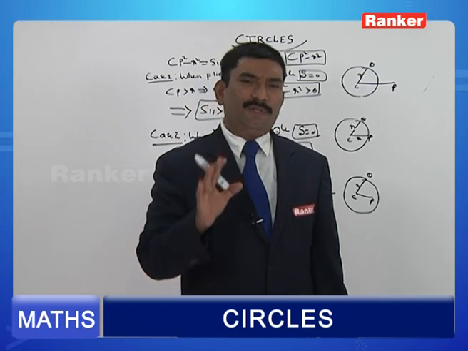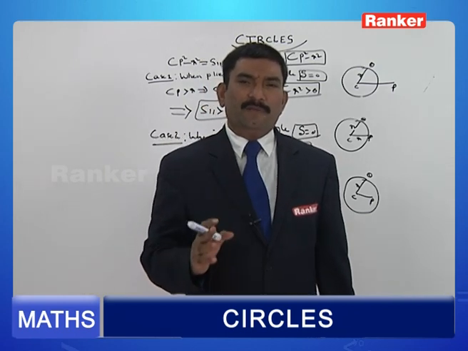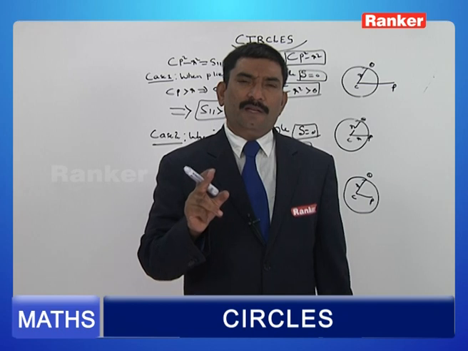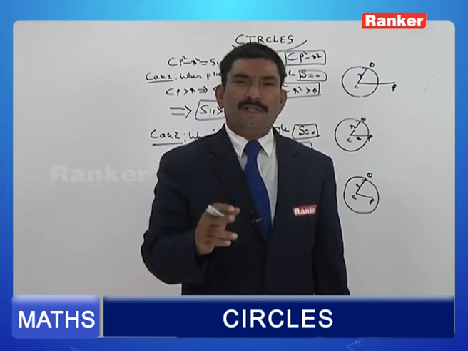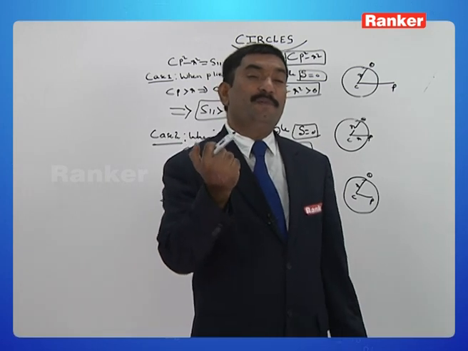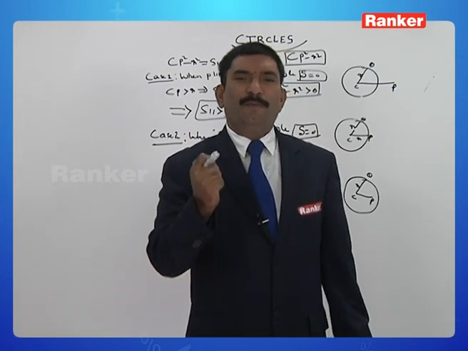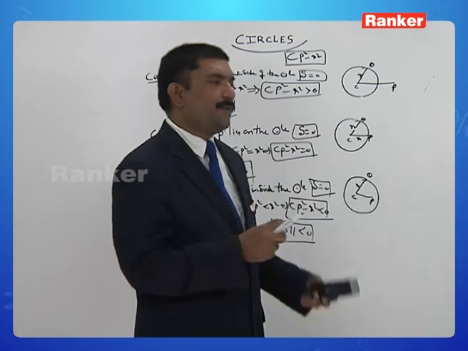After knowing the positions, let us see, when a secant line drawn from the point P cuts a circle in 2 points, what is the power of the point P? Let us see how to find that.